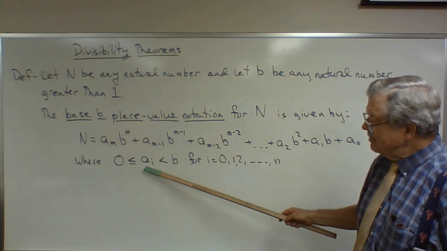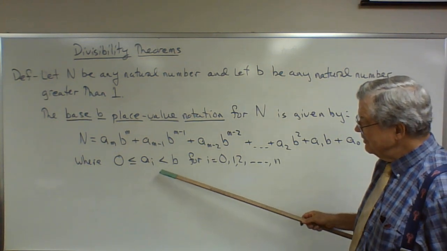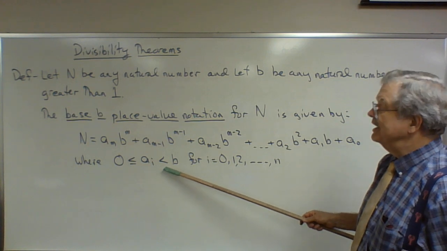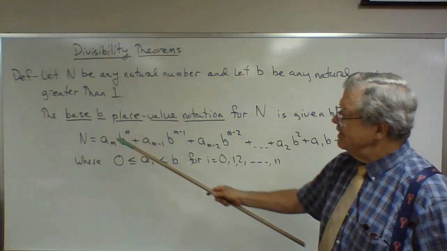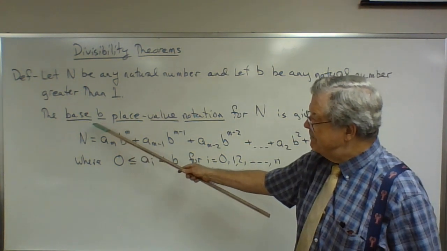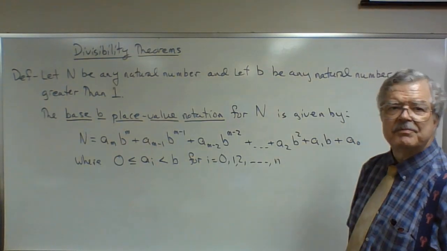Each of the a sub i's is greater than or equal to 0 and less than B. Notice that we're talking about base B place value notation.